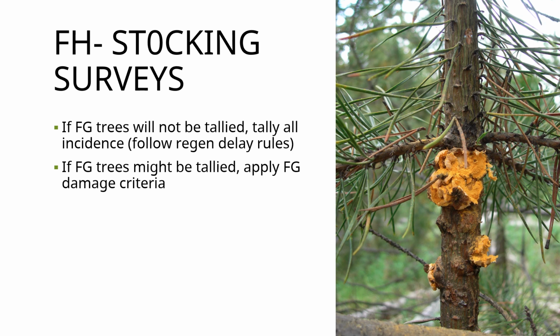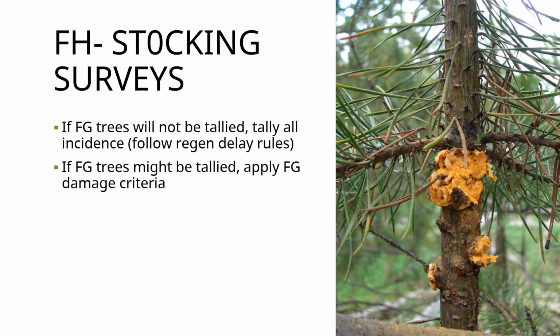Now, at regeneration delay, we're not using the free growing damage criteria, and well-spaced trees can have reportable forest health damage. But at free growing, we are applying the free growing damage criteria, and free growing trees cannot have reportable forest health damage. So how do we handle intermediate non-legal stocking surveys? Well, they are non-legal, so it is up to you.